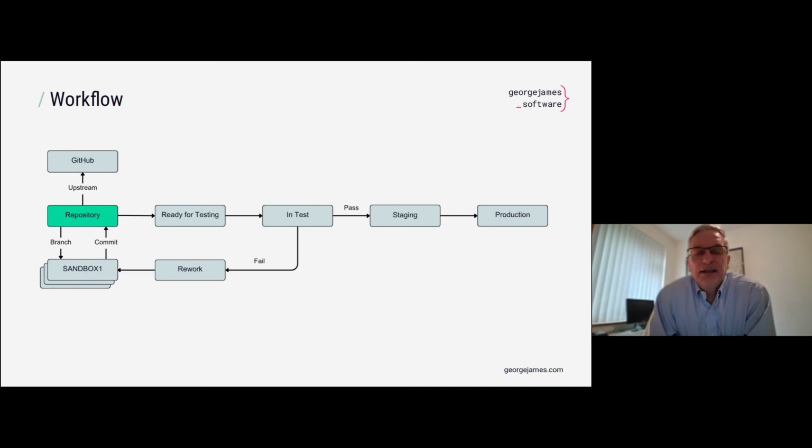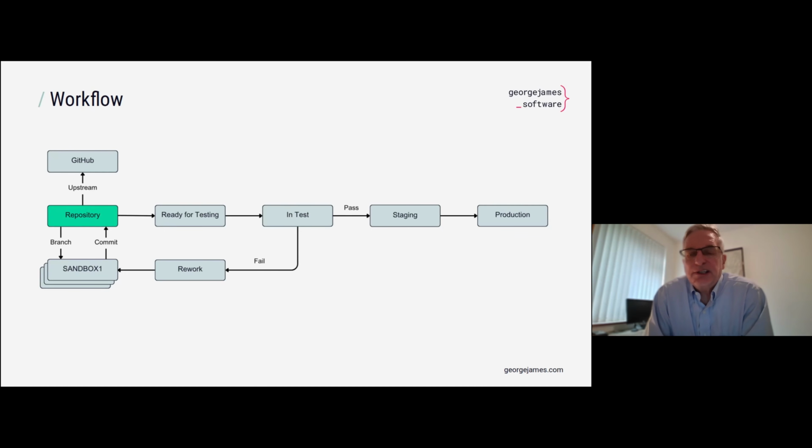And then, depending on whether the code passes or fails testing, the QA person can either promote it to staging, ready for deployment, or fail it back for rework back to one of the sandboxes.